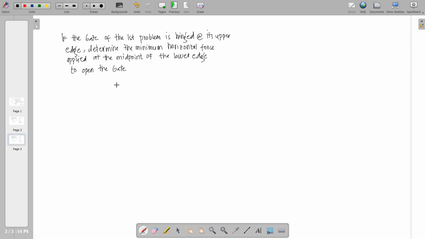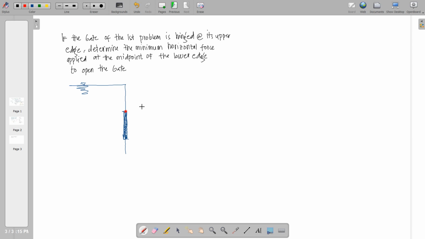So if the gate of the first problem is hinged at its upper edge, determine the minimum horizontal force applied at the midpoint of the lower edge to open the gate. If this will be our liquid surface and this is the upstream face of the dam, and here is the gate on problem number 1, instead of this gate being on the guide, it will be hinged at that point.